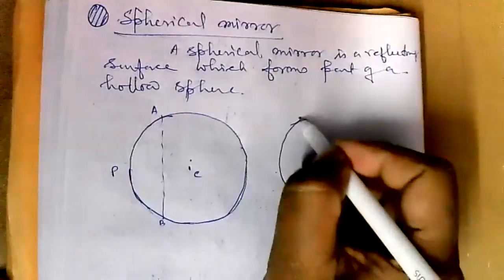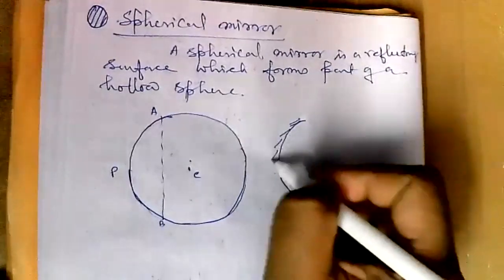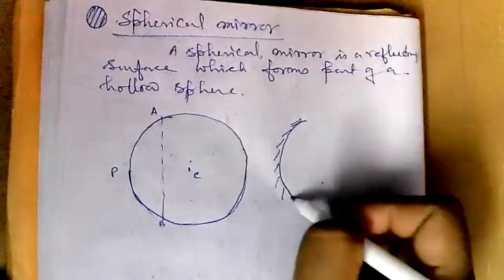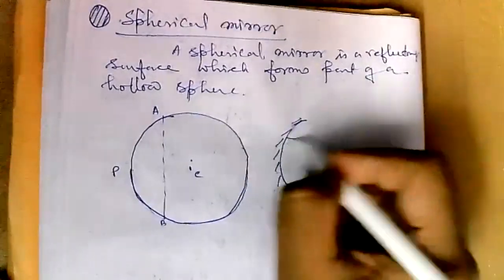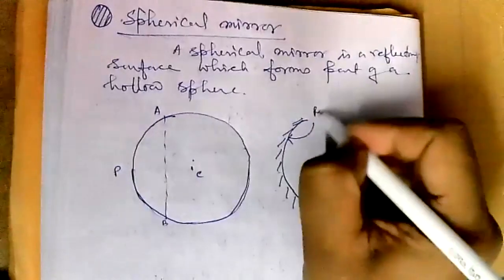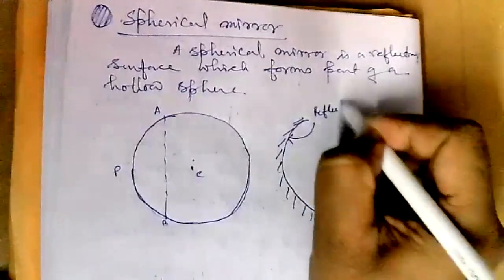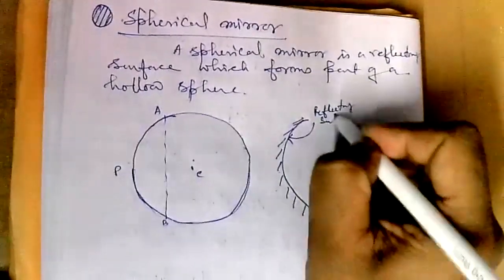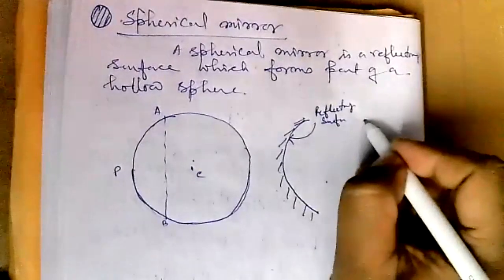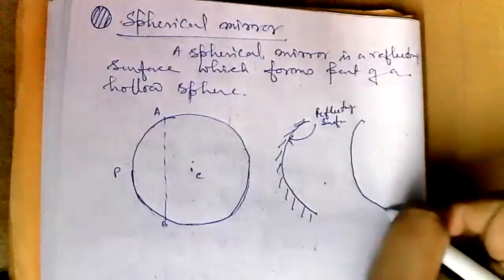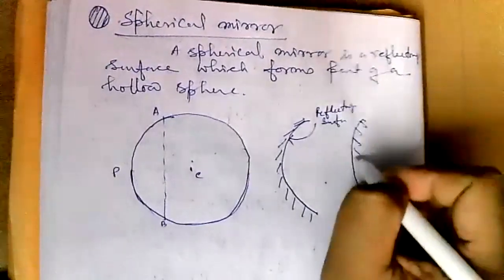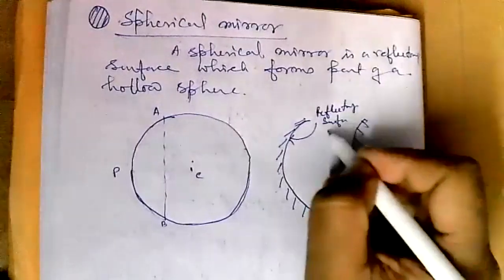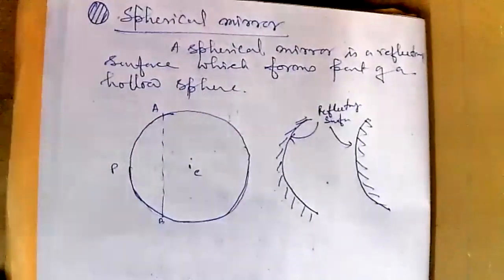If the outer portion is silvered, then it is the reflecting surface. On the other hand, if the inner portion is silvered, then it is the reflecting surface.